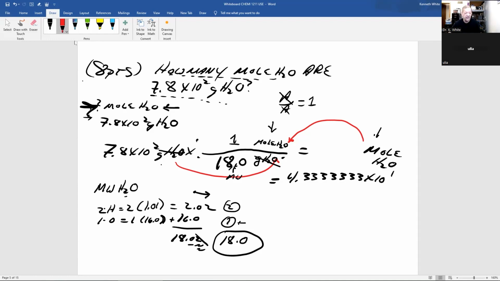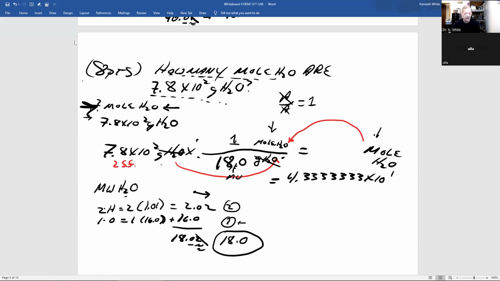And this is 2 significant figures. All non-zero numbers are significant. The 1 is an exact number, not used in determining significant figures. And 18.0 is 3 significant figures. And your answer should have the same number of significant figures as the lowest number you're multiplying, dividing. That's 2.